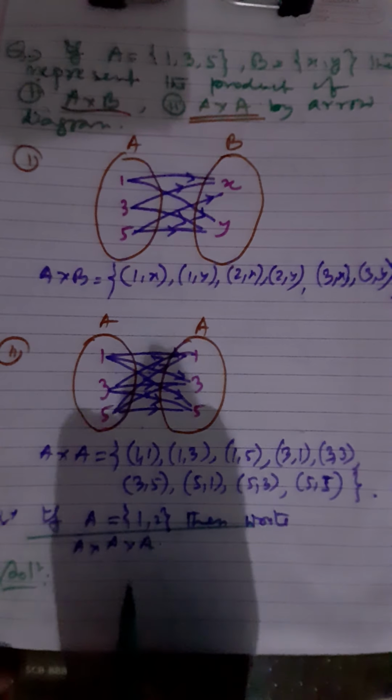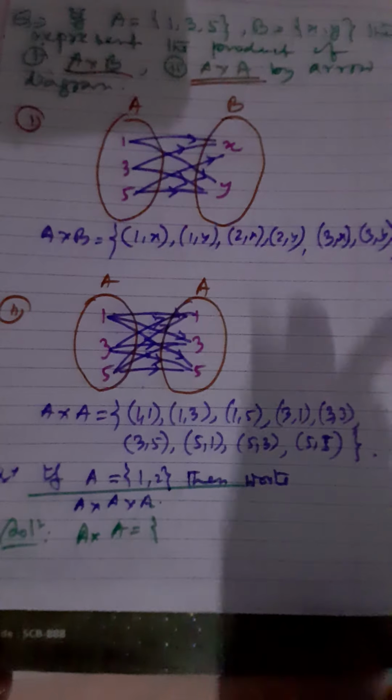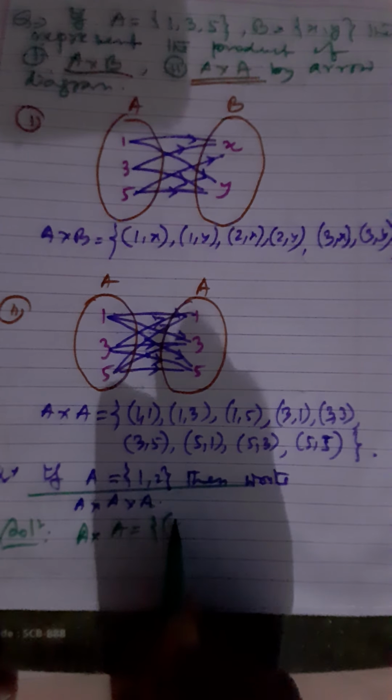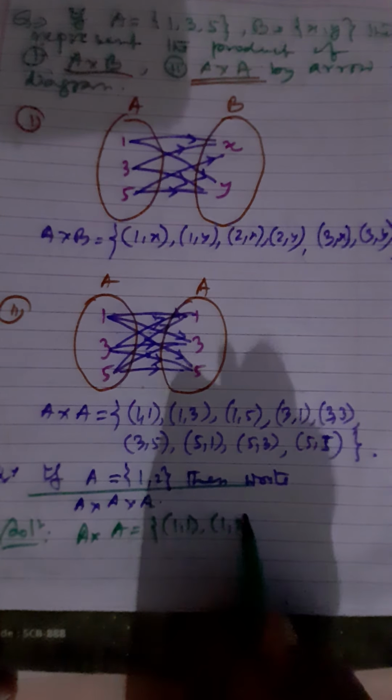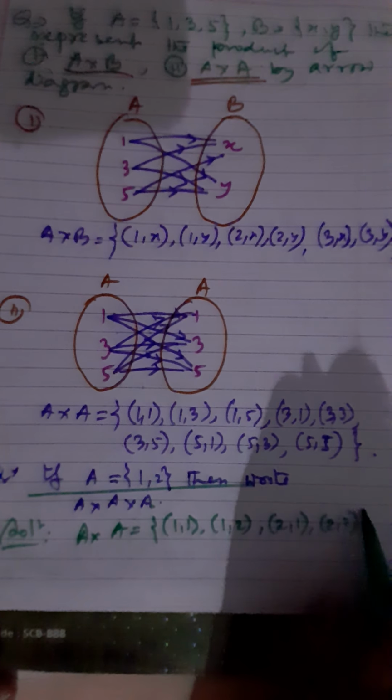So if you write A cross A cross A, first you write A cross A. What is A cross A? 1 comma 1, 1 comma 2, 2 comma 1, 2 comma 2.